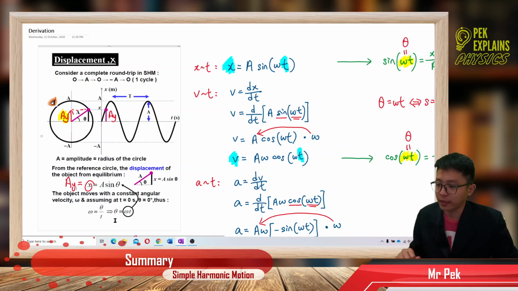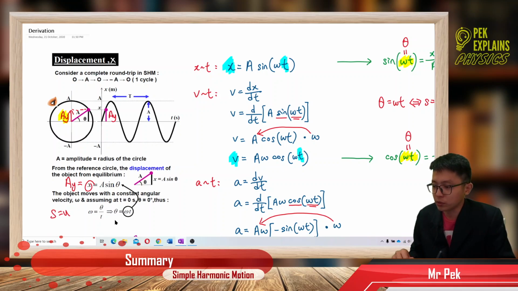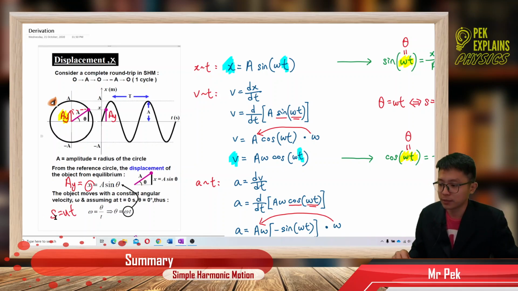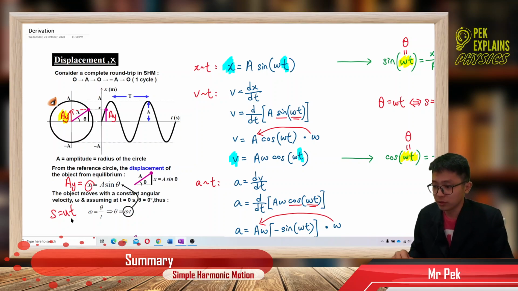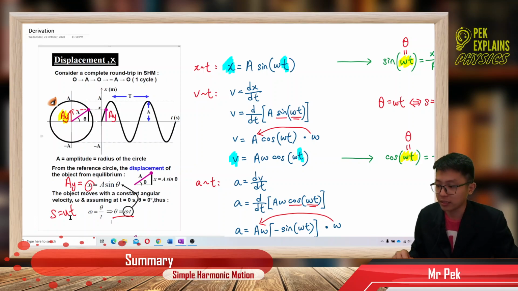And we have learned that if we look at linear motion, we know that S equal to ut. Displacement equal to velocity times time. So that's why theta equal to omega t, because S is like theta, u is like omega. So S equal to ut is like theta equal to omega t.